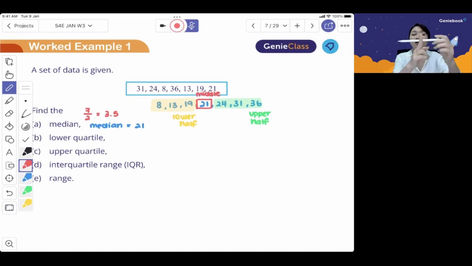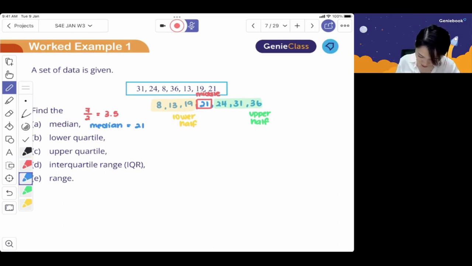Then in your two halves, in this half, now we only look at this half. This is your lower half. The lower quartile will be the middle value in this piece. That middle value. So what is the middle value in our lower half?